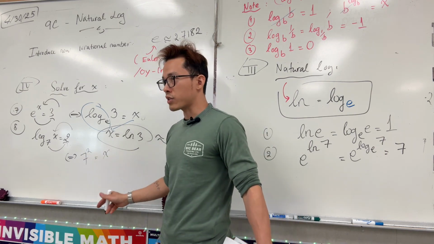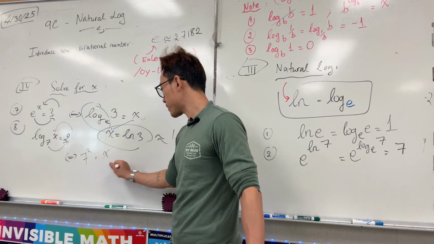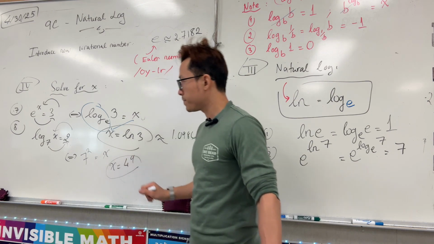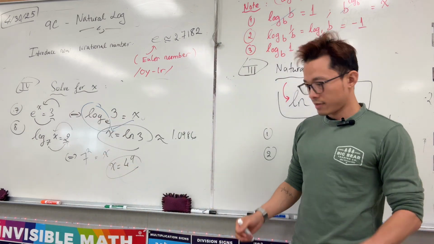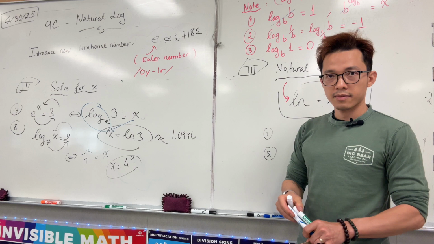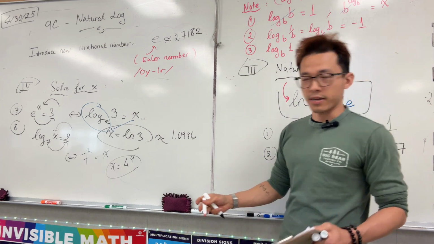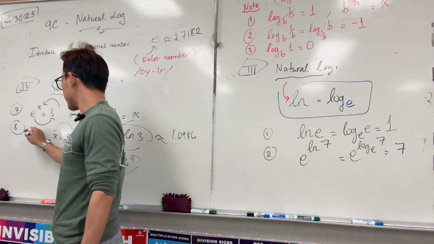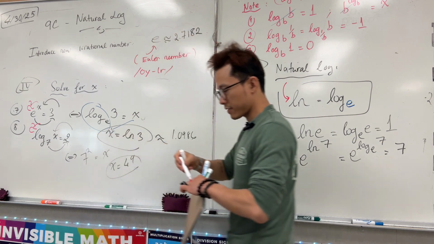So x equals 7 squared. What is 7 squared? 49. So x equals 49. Snell method. Easy? A little bit harder, right? Just using the Snell method to convert it.